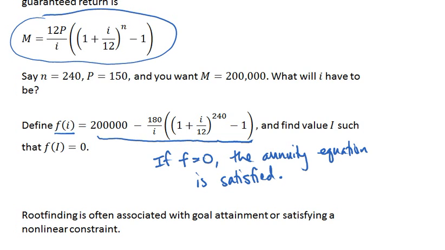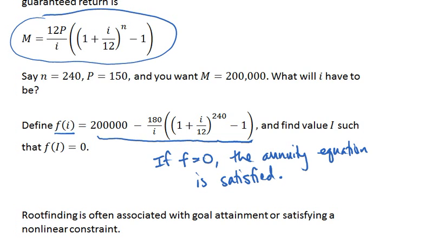Now the goal of our problem is to find the value capital I, which is a root of f, in other words, that makes f equal to 0. If you look at the formula for f of I, it's not something that you would be able to do algebraically because of the I in the denominator out in front and the I to the 240th power.